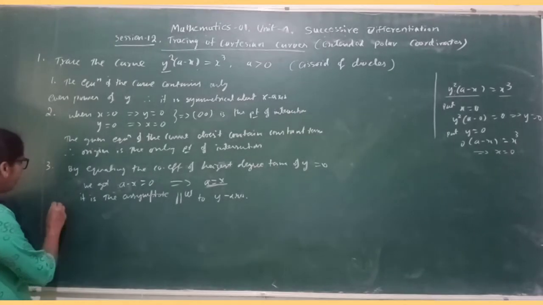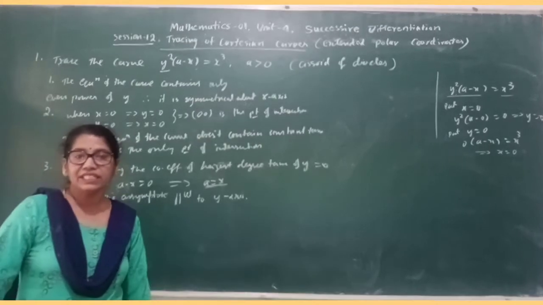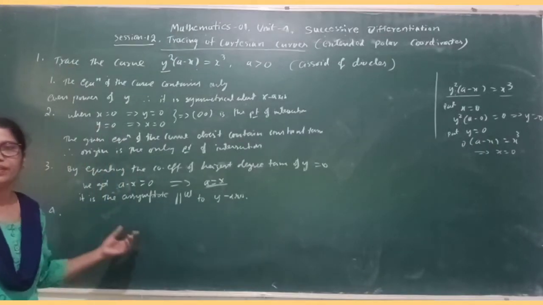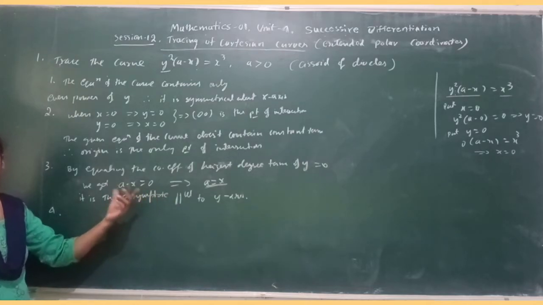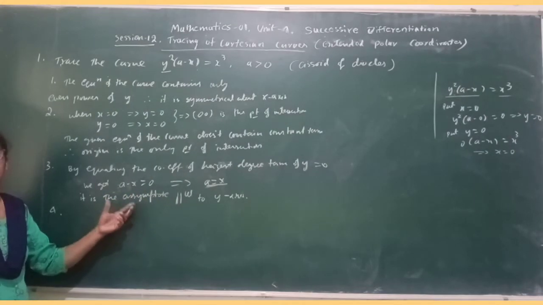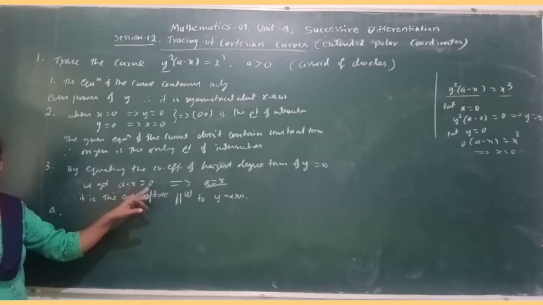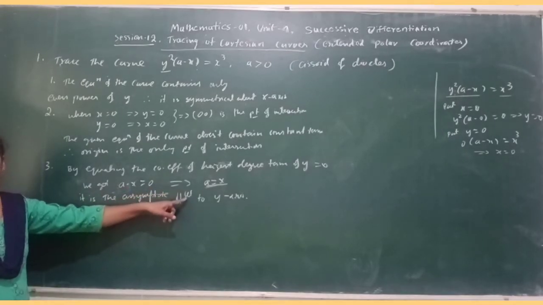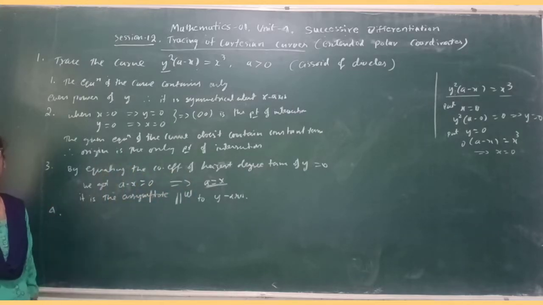Now, the fourth point. We have to find the nature of the double points. To find the nature of the double points, we must know the tangent. So to know the tangent, let us equate the lowest degree terms to 0, and we get the equation of the tangent at (0, 0).